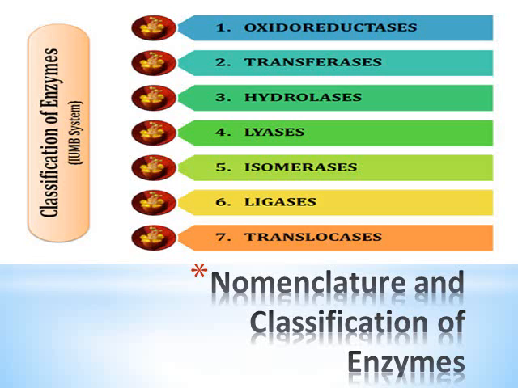Transferases. These enzymes catalyze the transfer of certain groups between two molecules. Example, glucokinase. Glucose plus ATP, in the presence of enzyme glucokinase, group transfer takes place to form glucose 6-phosphate plus ADP.